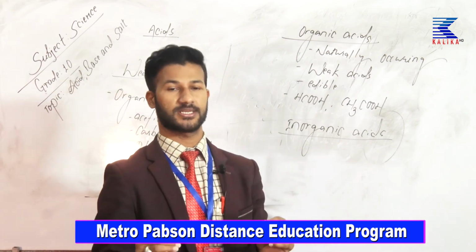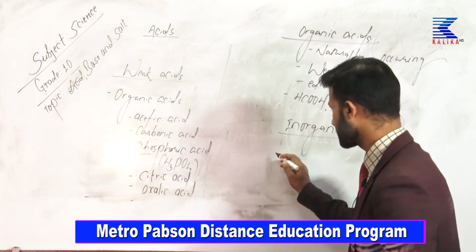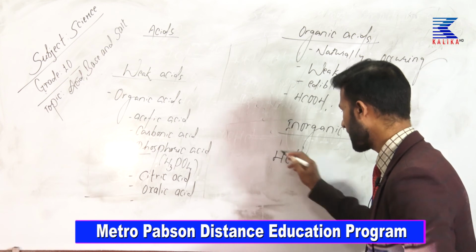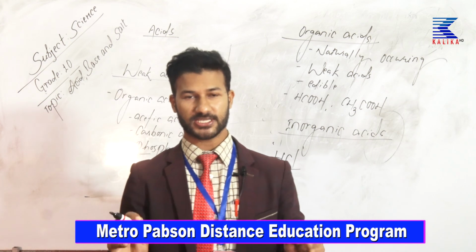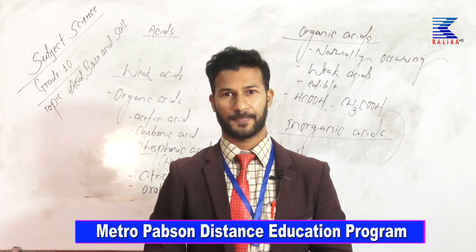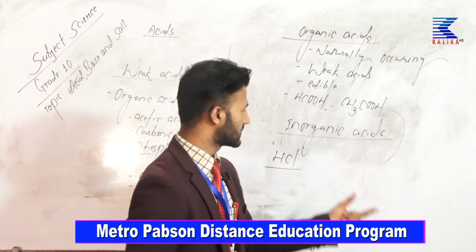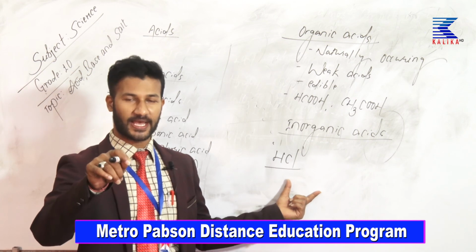But one interesting fact you need to know. The acid we say HCl, this is hydrochloric acid. Hydrochloric acid is continuously produced in the gastric glands of our stomach. You know why?